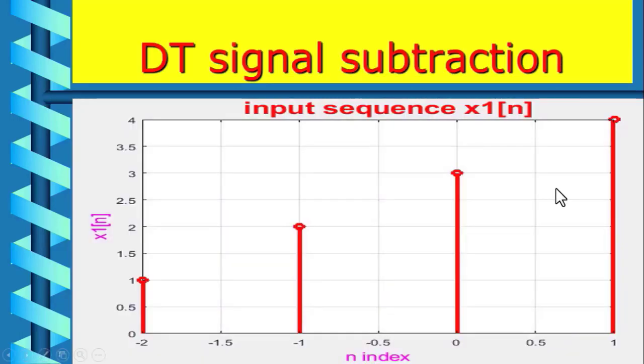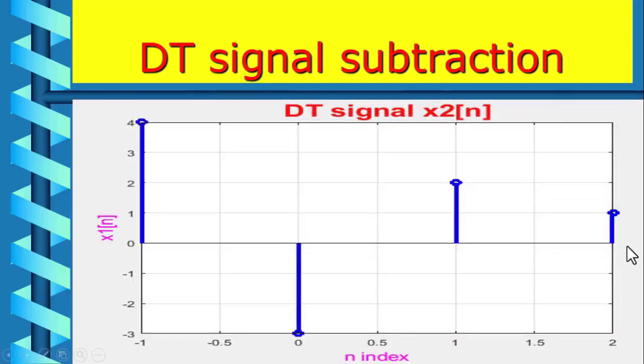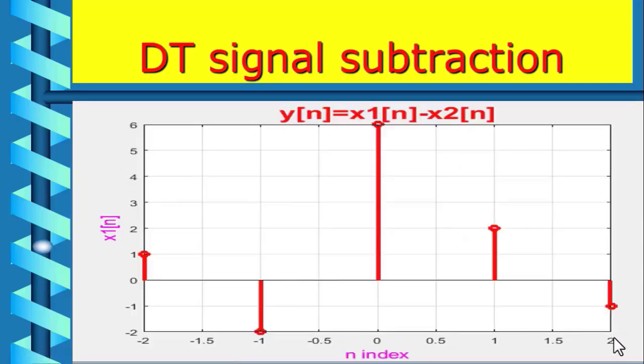Using MATLAB software, you can simulate x1 of n, which is 1 at n equals minus 2, 2 at n equals minus 1, 3 at n equals 0, 4 at n equals 1. Similarly, x2 of n is 4 at n equals minus 1, minus 3 at n equals 0, 2 at n equals 1, and 1 at n equals 2.